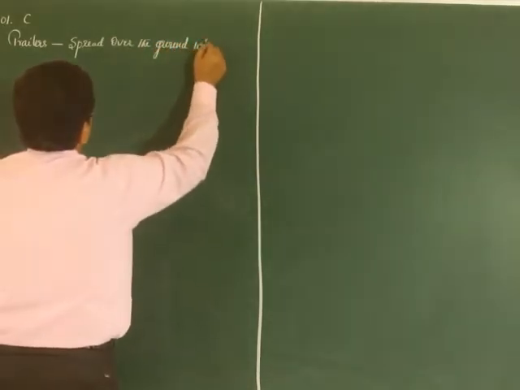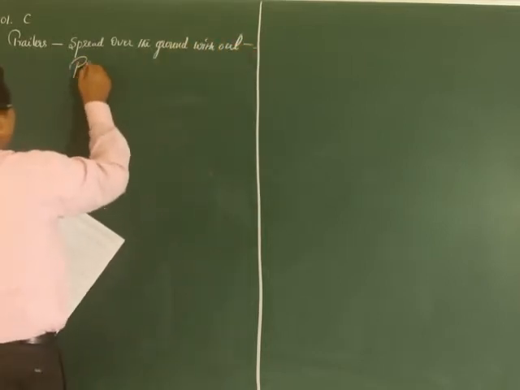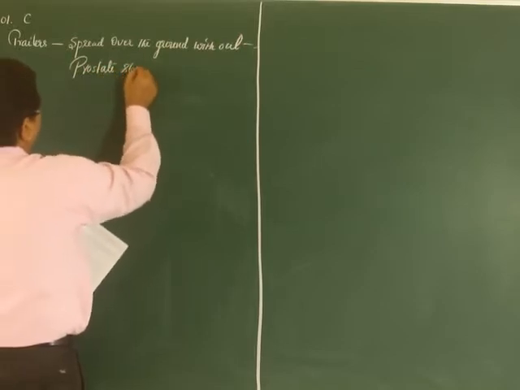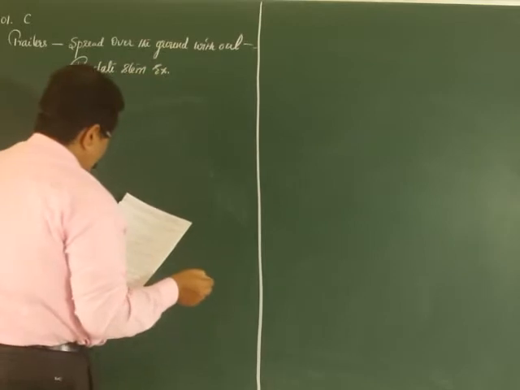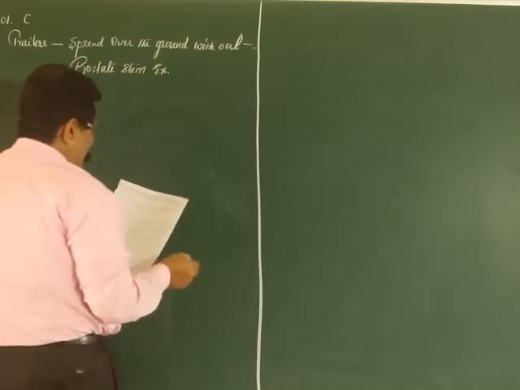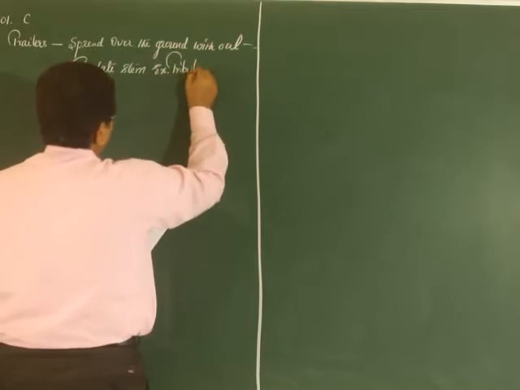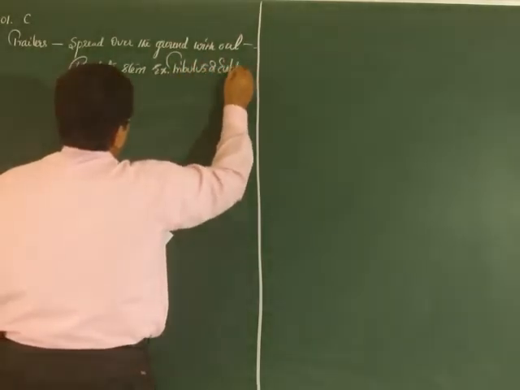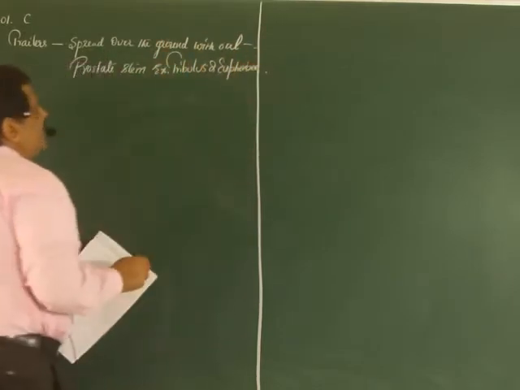Example for this is tribulus and euphorbia.